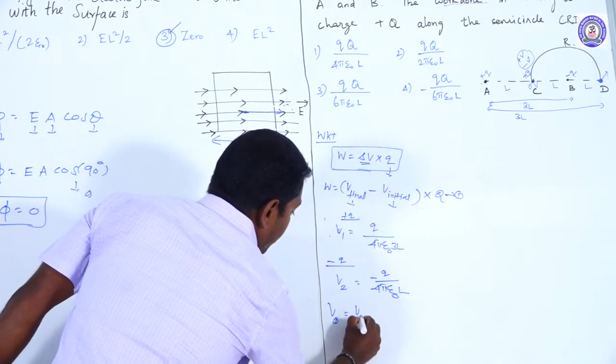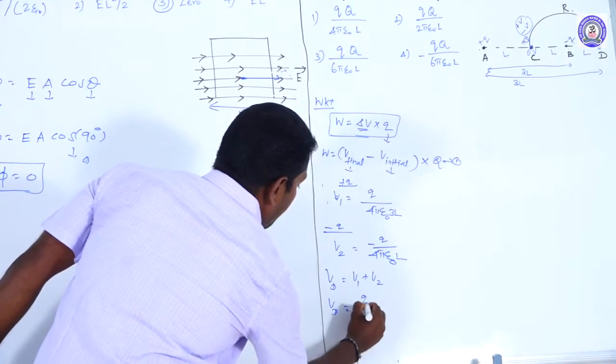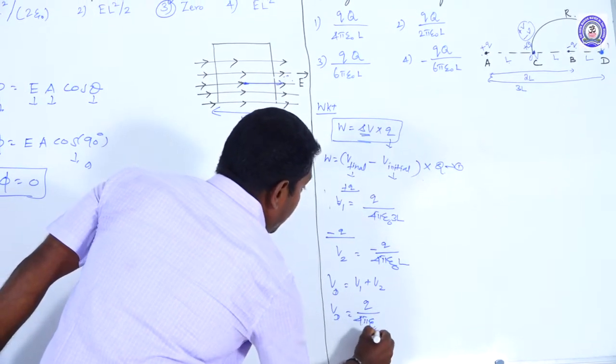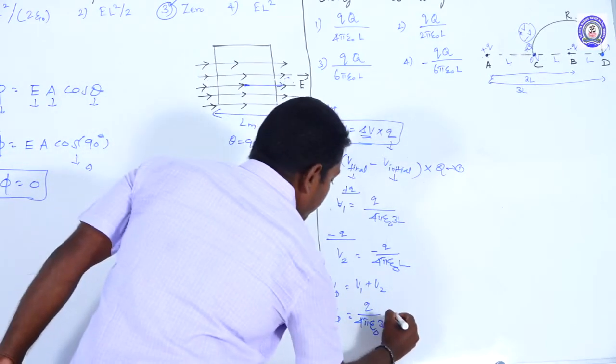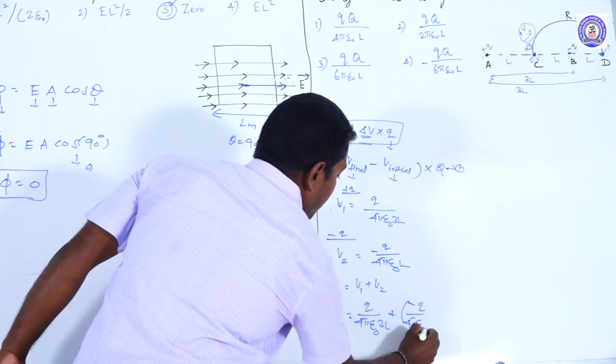Vd is equal to V1 plus V2. So Vd is equal to Q divided by 4 pi epsilon naught 3L plus minus Q divided by 4 pi epsilon naught L.